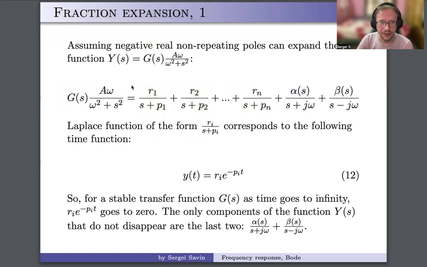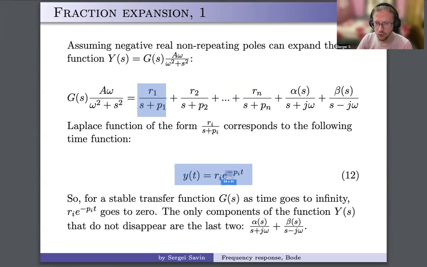Now, these guys here can be inverse Laplace transformed into this form, right? If you remember in the previous lecture, we showed that the Laplace transform of functions of this type would have this form. In the last lecture, I think I showed you what happens when there's a minus here.